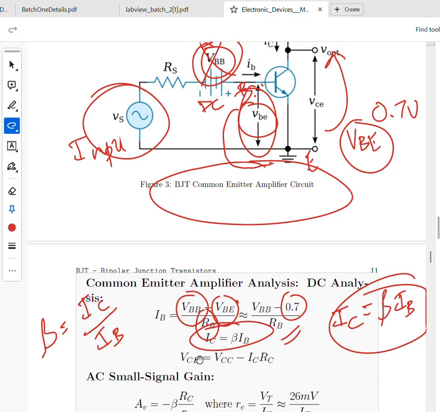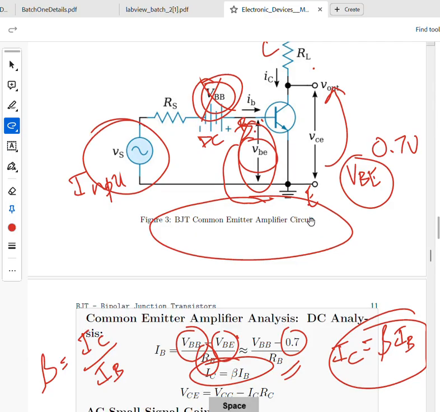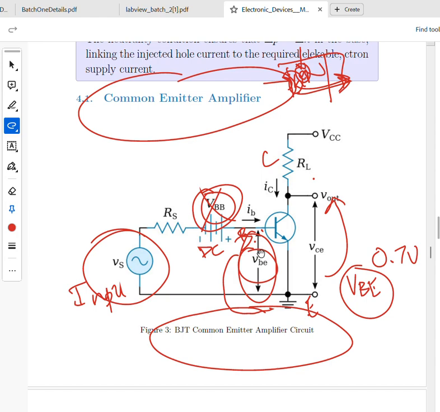What is VCE equal to? VCE is important, another thing we have to consider. I have told you so far that this is emitter, this is base, this is collector, and that we're setting a voltage here, VBE.